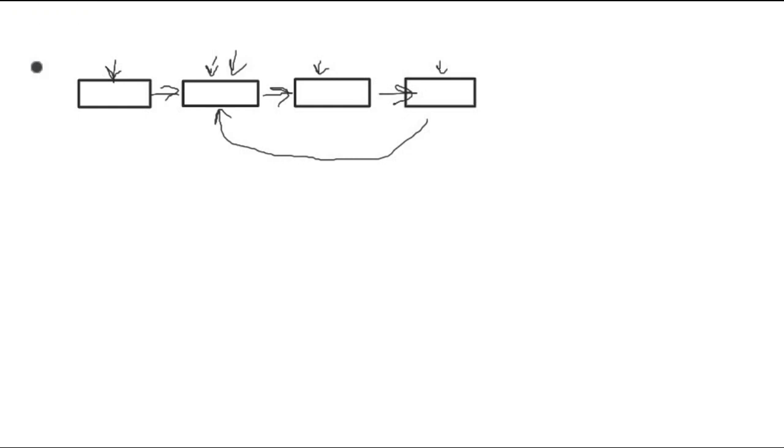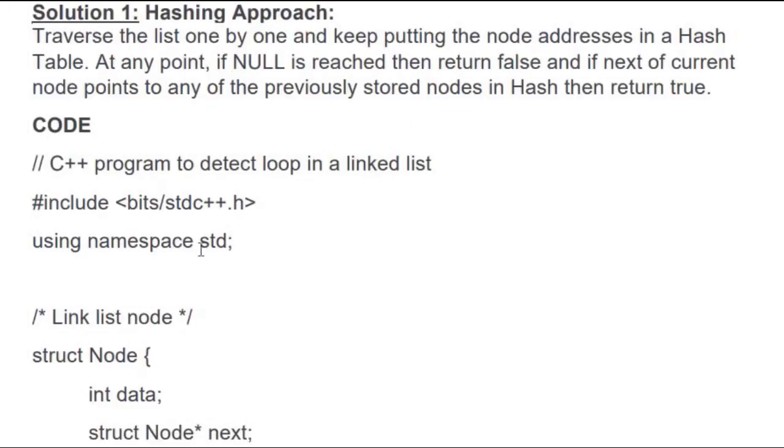But it is not the only way to do this. Before going to the next approach, first let's discuss this problem with its code. This is the hashing approach which we are going to use. As we traverse the list one by one, we keep putting the node's address in a hash table.